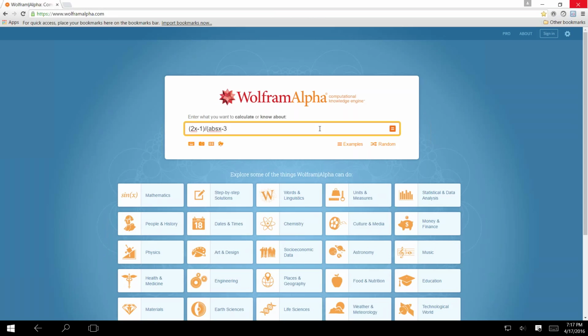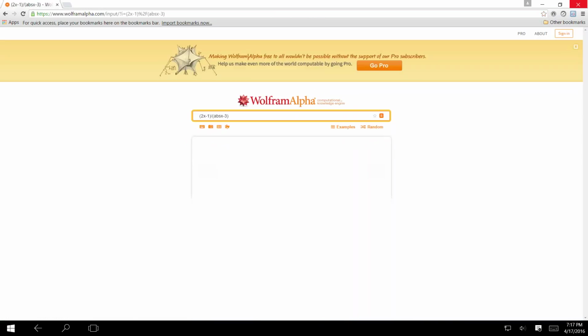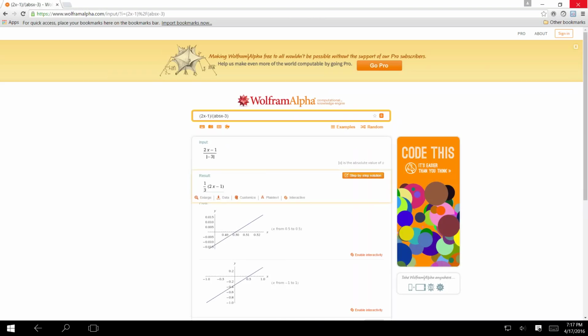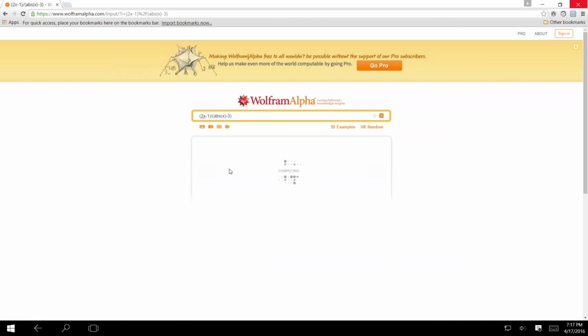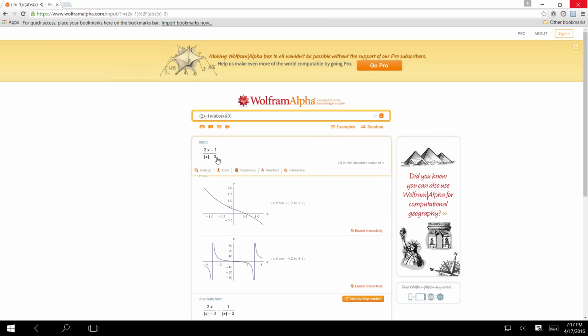Minus 3, but it's on the outside of the absolute value. All right, let's see what this gives us. I never know if I've gotten it in correctly. No, I didn't. I think I need parentheses there. Let's see if that does it. Yeah, there we go. The input looks right.